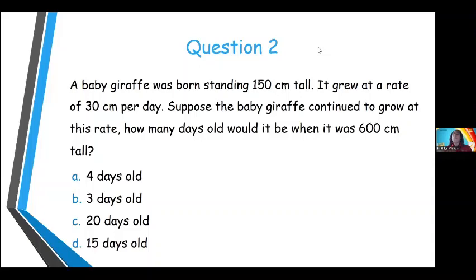Notice we pointed out earlier that in the process of doing your quantitative reasoning, you want to check your answer. So you now can do the math: 15 days of 30 centimeters, you can multiply to find out what that is, and you would add it to the starting height at birth.